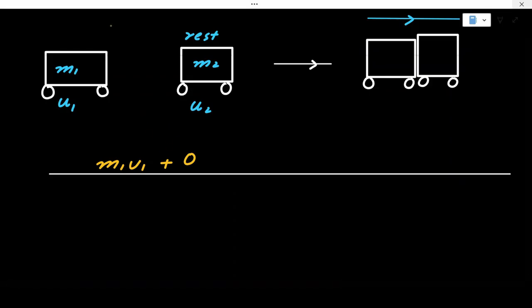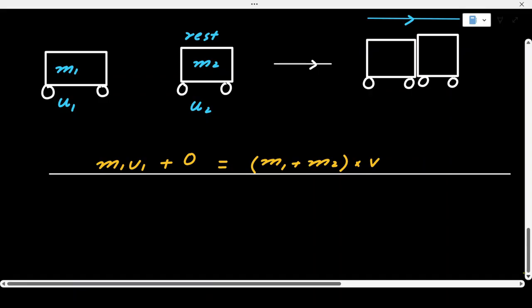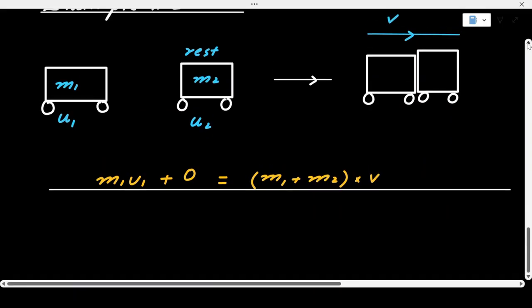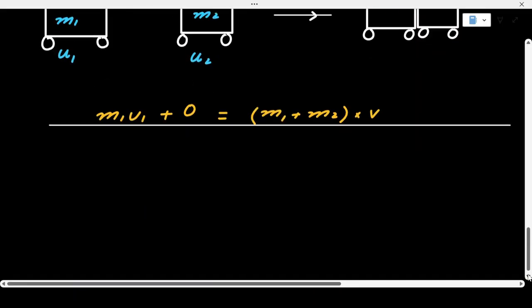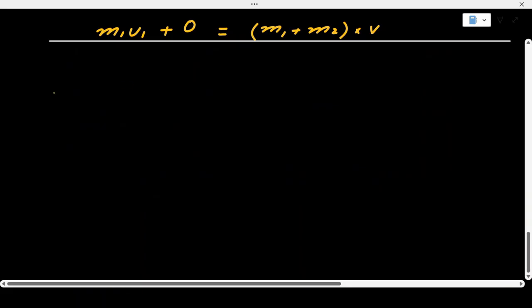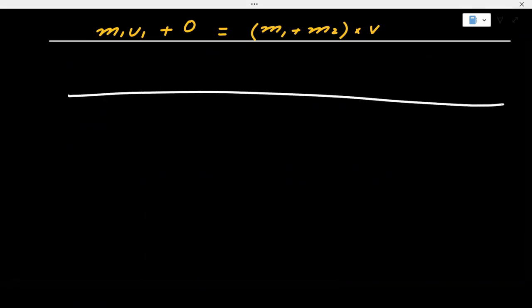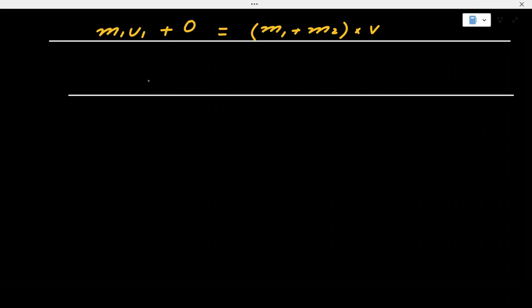So m1 u1 plus 0 equals m1 plus m2, the combined mass, times the combined velocity, because they are moving collectively and both of them have a single velocity which is v. So this expression can now also be written as, and it is usually used to find the value of final velocity.